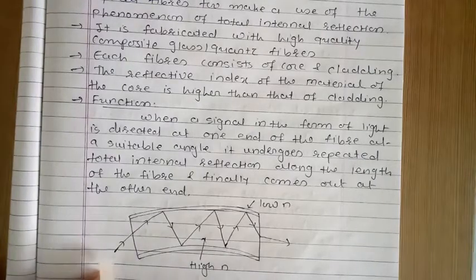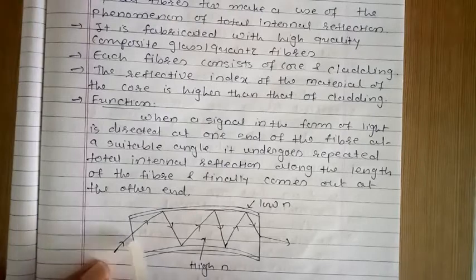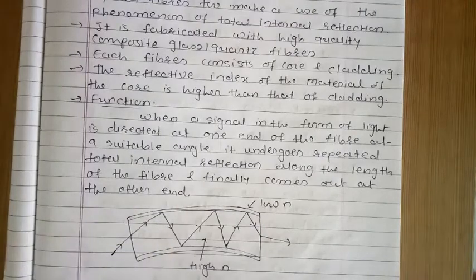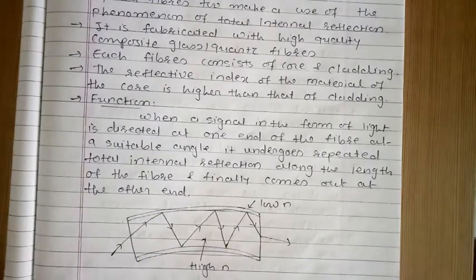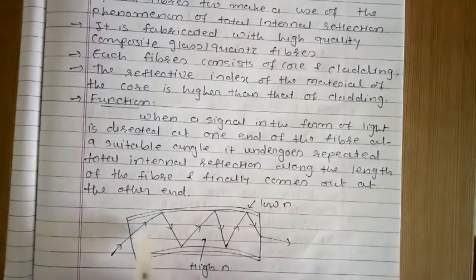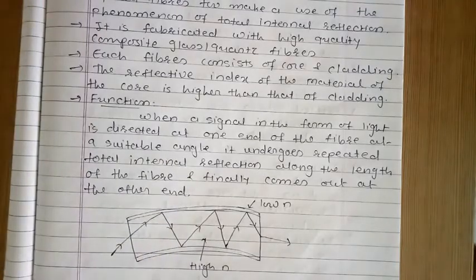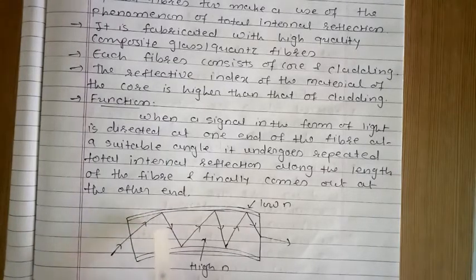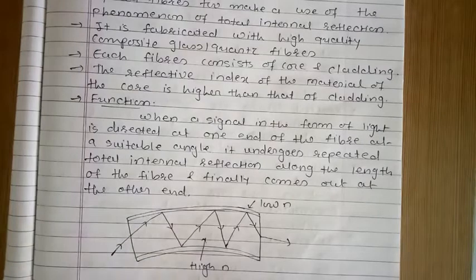Now light is incident at some angle and enters the core, but this optical fiber is fabricated such that when the light is incident on the surface at an angle larger than the critical angle, total internal reflection occurs. So the light is reflected in the same medium, that is in the core, like this.